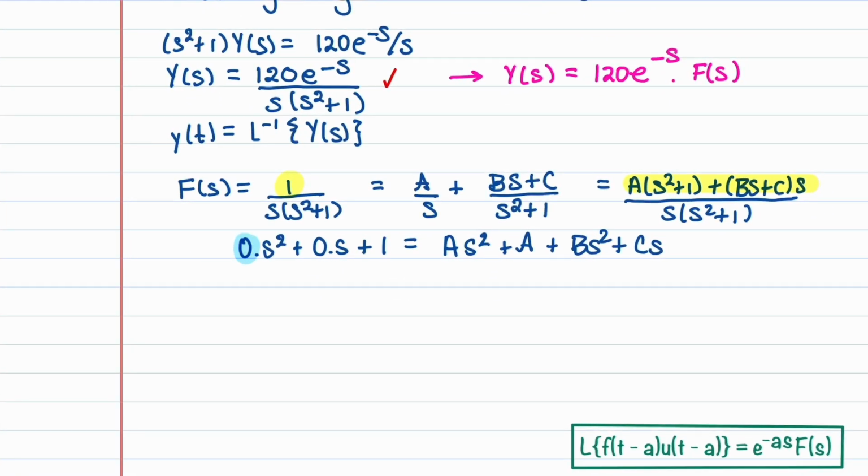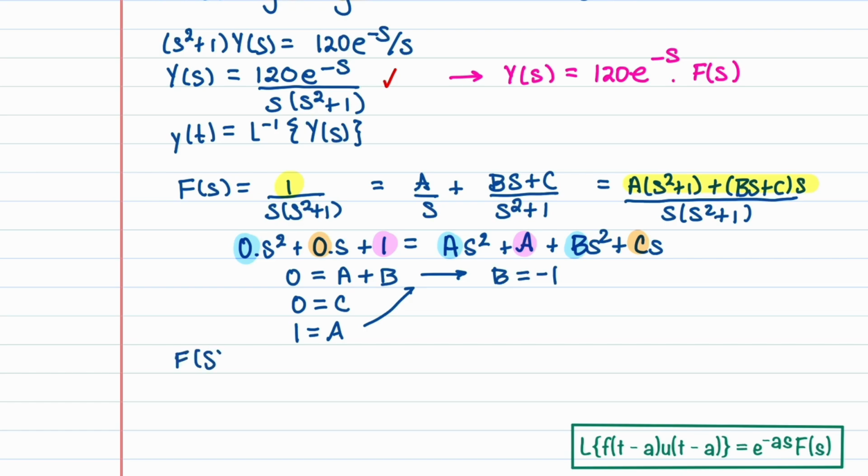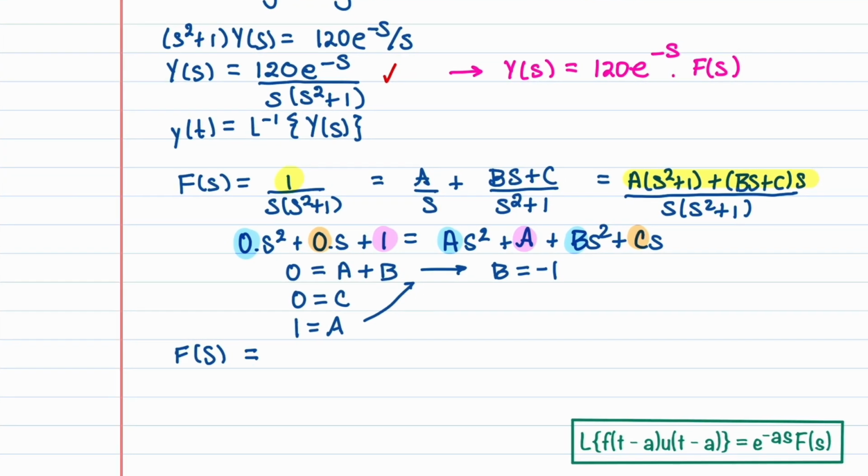Our 0 is then A plus B. Our 0 times s is C times s, so we can say that 0 is equal to C, and then we have our constants, and we have 1 equal to A. That's nice. So we know that 1 is equal to A, so that tells us up here that B is minus 1.